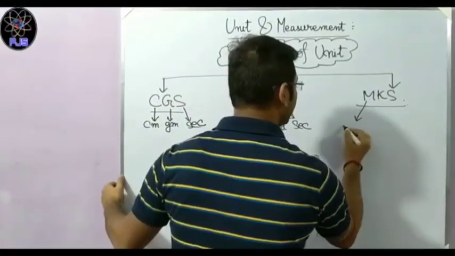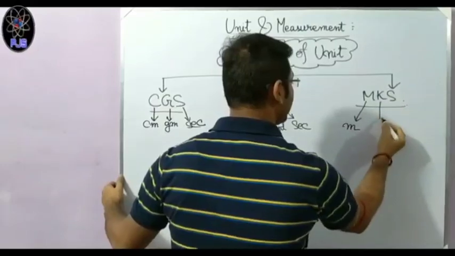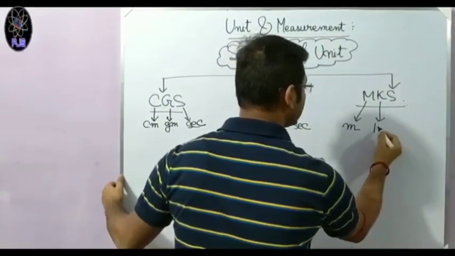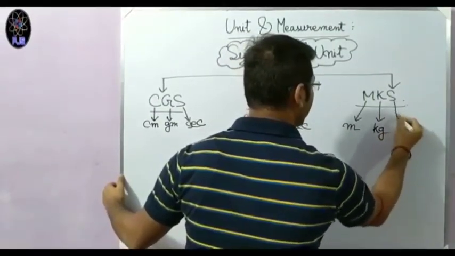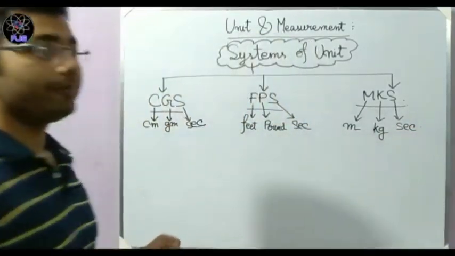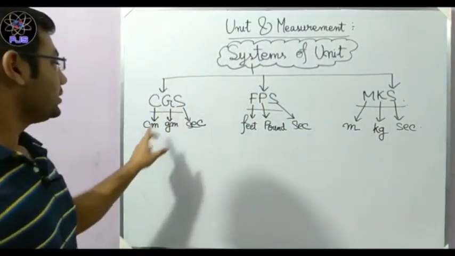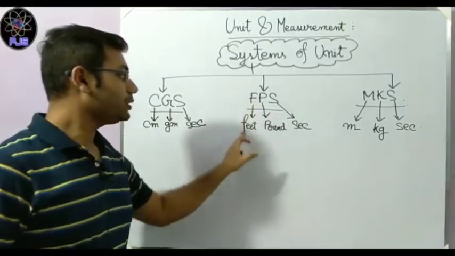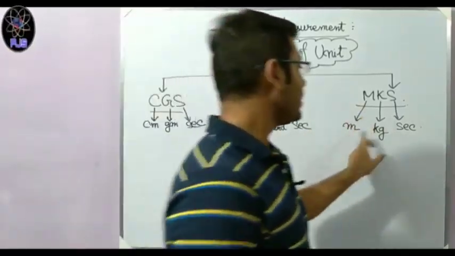Now in case of MKS, M stands for meter, K stands for kg and S stands for second. Okay, CGS means centimeter, gram, second, FPS feet, pound, second, MKS meter, kg, second.